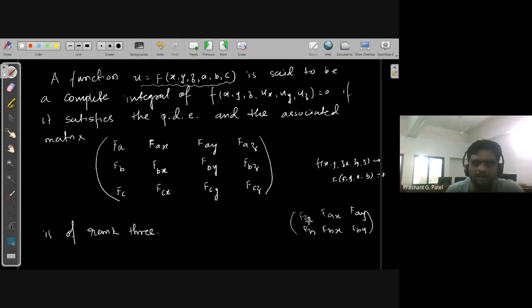This idea we can extend to a matrix of rank 3. Then we can say that the solution u is equal to f of x, y, z, a, b, c is a complete solution or complete integral.